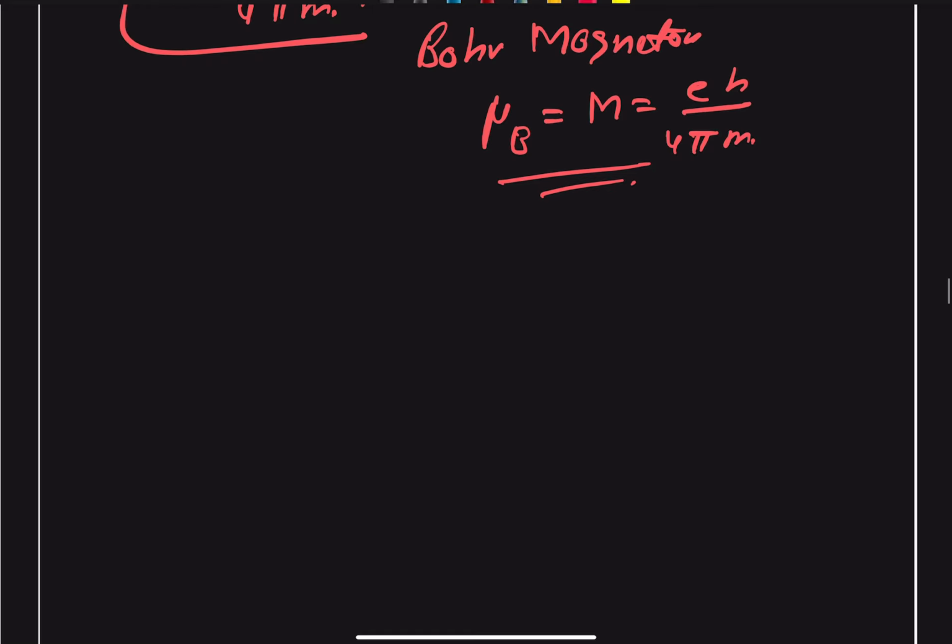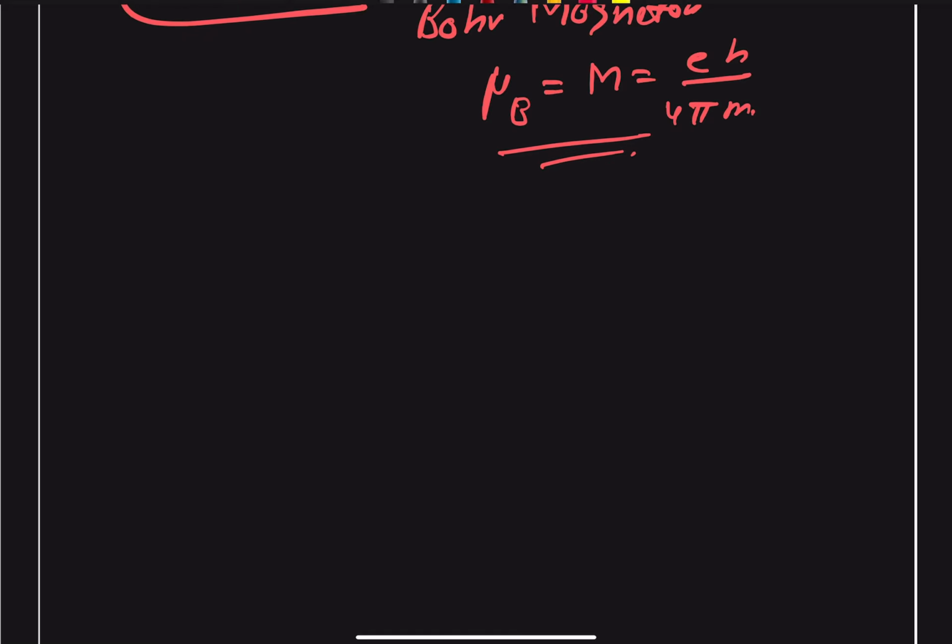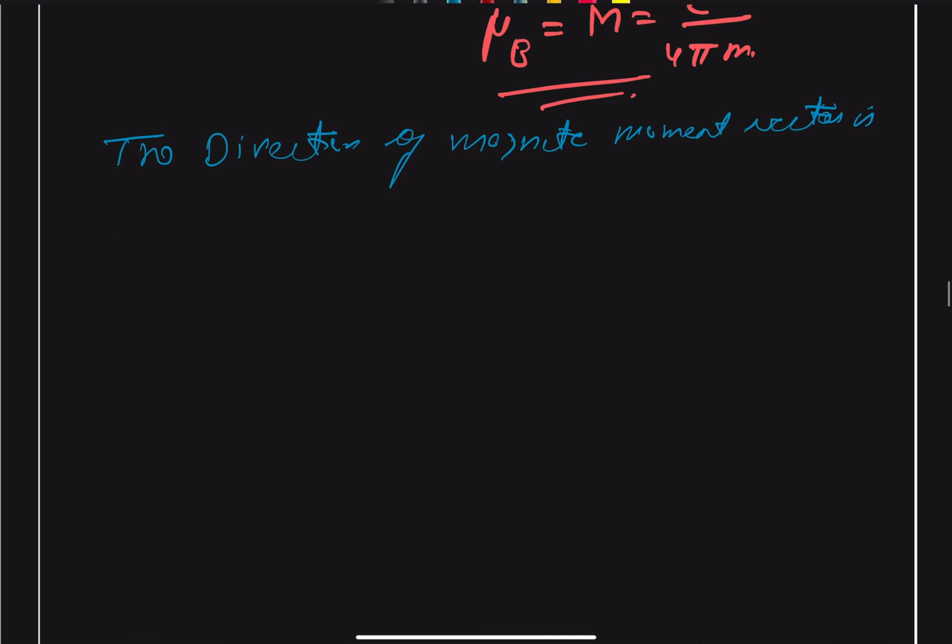So you can say that the direction of the magnetic moment vector is perpendicular to the plane of the electron's orbit.